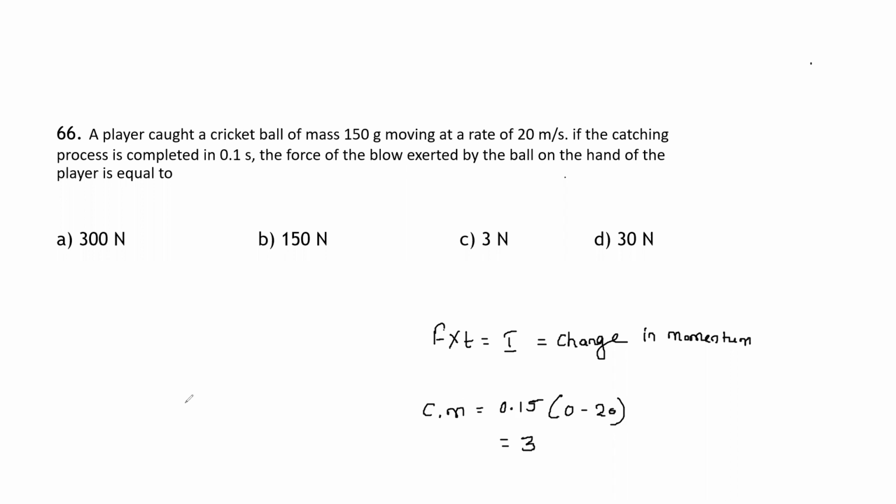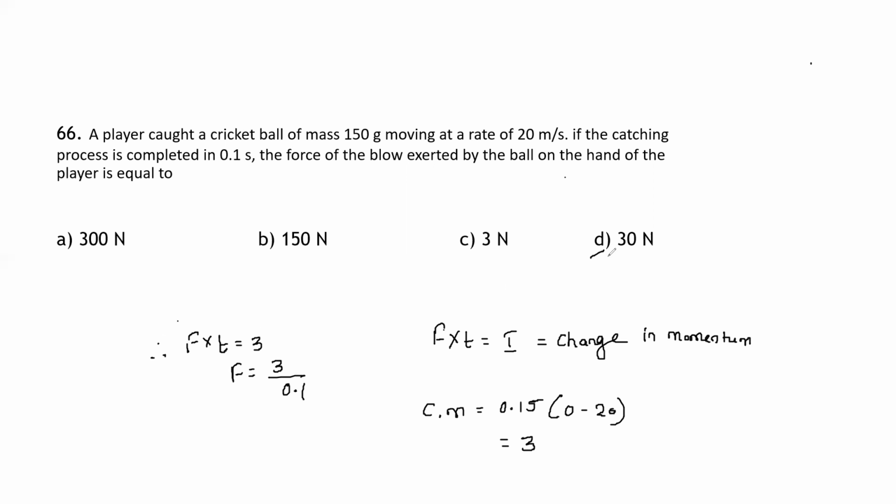Therefore F into T is equal to change in momentum, which is 3. Therefore F is equal to 3 divided by the time interval 0.1. So 3 divided by 0.1 is nothing but 30 Newton. That is, option D is the correct option here.